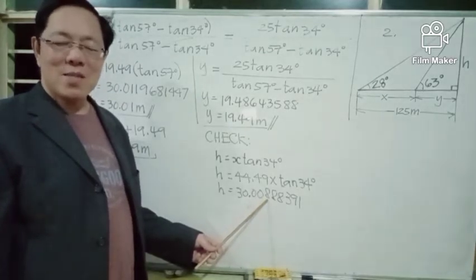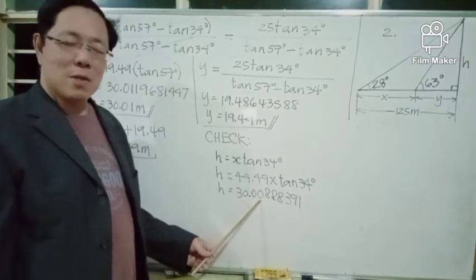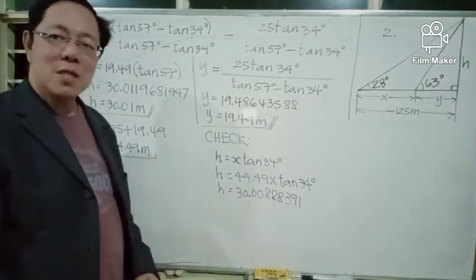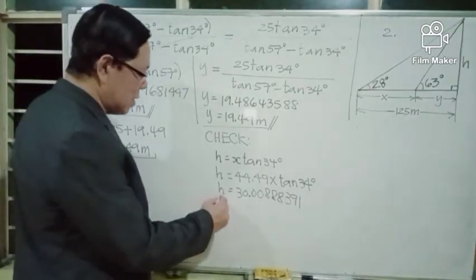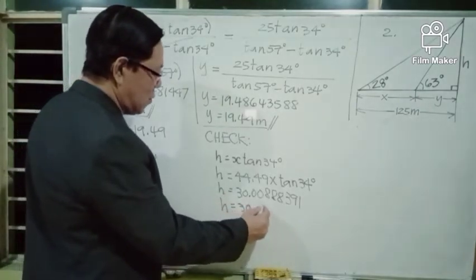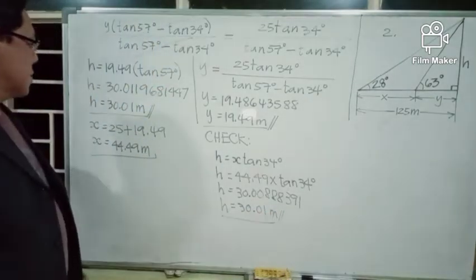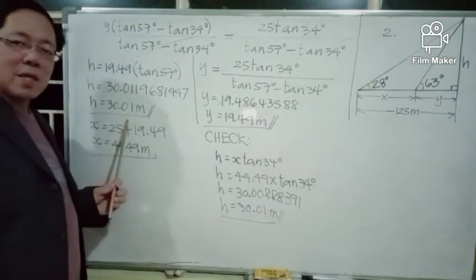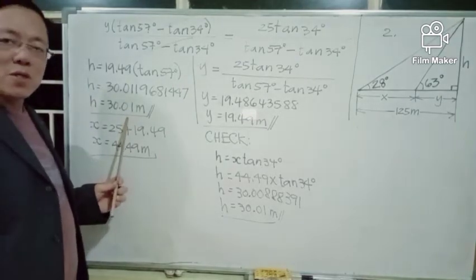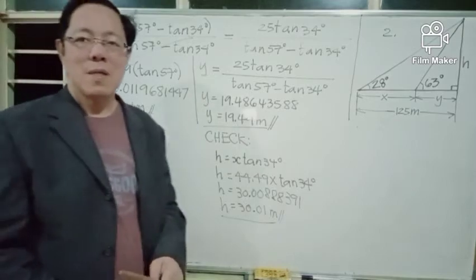Because 8 is more than 5, we add 1 to the preceding digit, 0. Hence, our final value of h is 30.01 meters, which is the same value we got using equation 1.